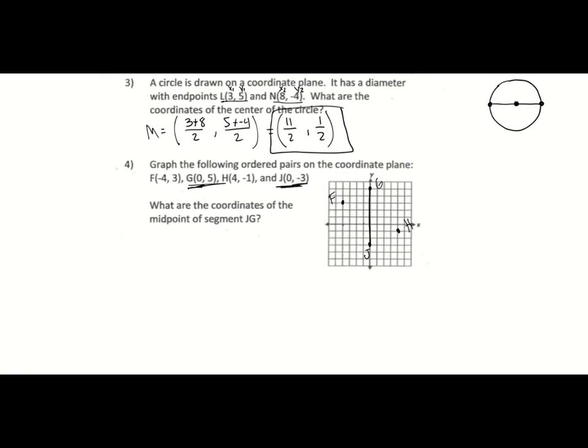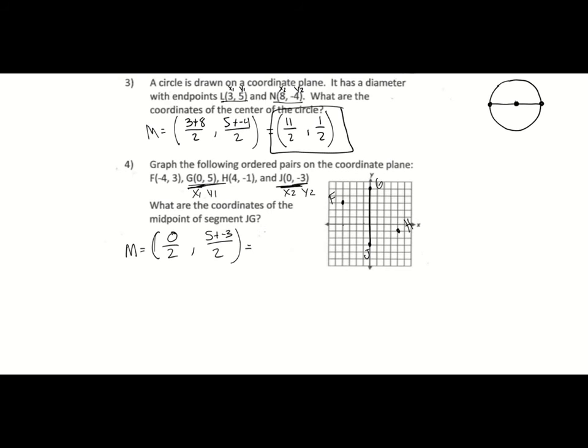We can find the midpoint of those by using our midpoint formula. So if we have our x1, y1, x2, y2, we can add our x values. 0 plus 0 is 0. Divide by 2, and 5 plus negative 3. Divide by 2.